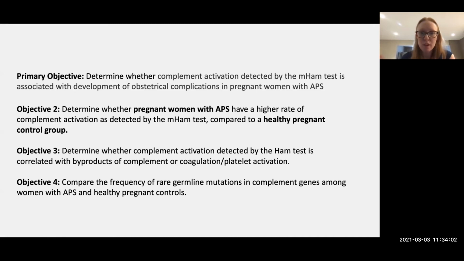What happens with complement activation detected by the modified HAM test relating to the byproducts of complement, and other information about coagulation and platelet activation? And then comparing the frequency of germline mutations in complement in these two groups, pregnant women with APS and healthy controls.